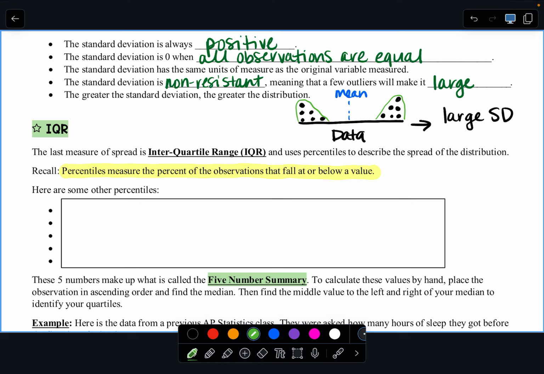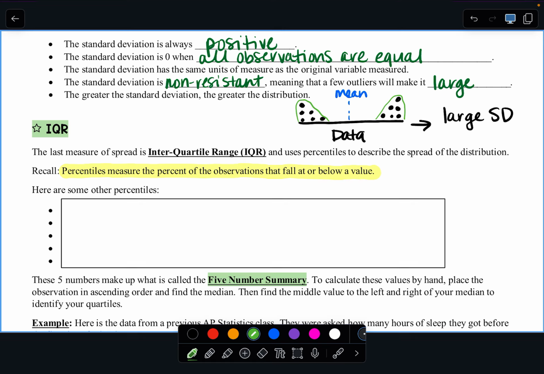That is going to have the largest standard deviation. The further your data is away from the mean, the bigger your standard deviation ends up being because they're deviating far from the mean. So I always include that because it pops up more frequently than I would think, at least every other year. So I like to have it there.